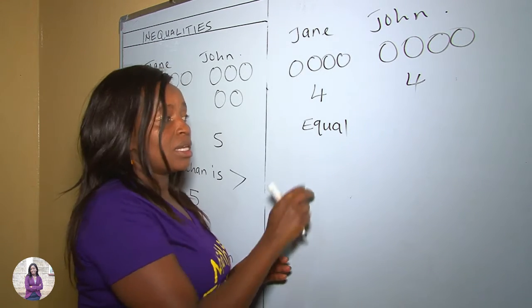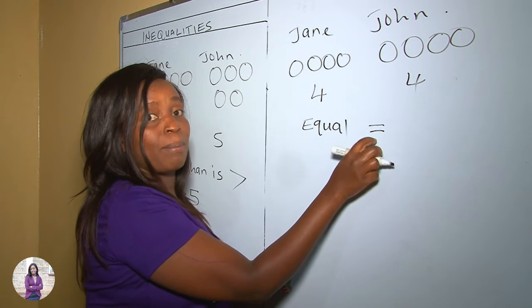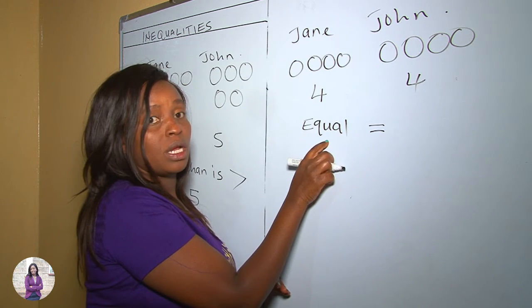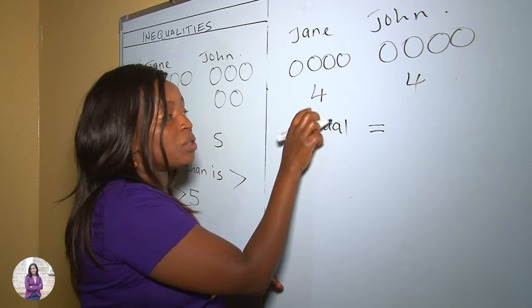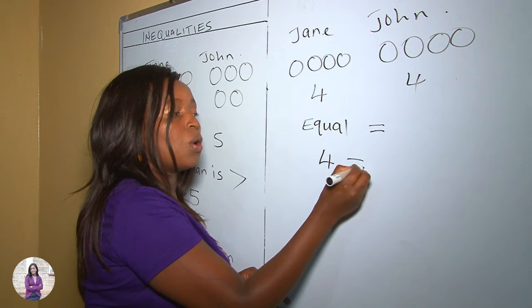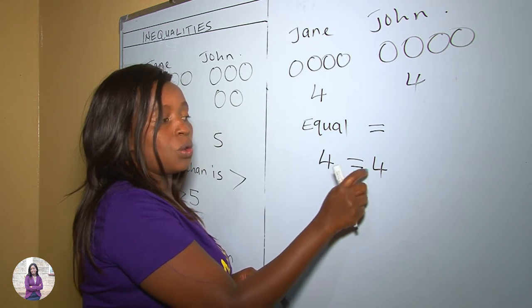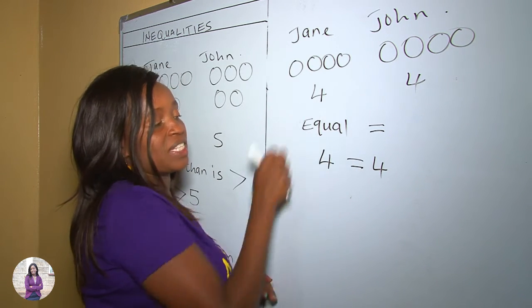In mathematics, the symbol to represent equal is this. So this symbol represents equal. Whatever Jane has is equal to whatever John has. So 4 is equal to 4, as you can see.